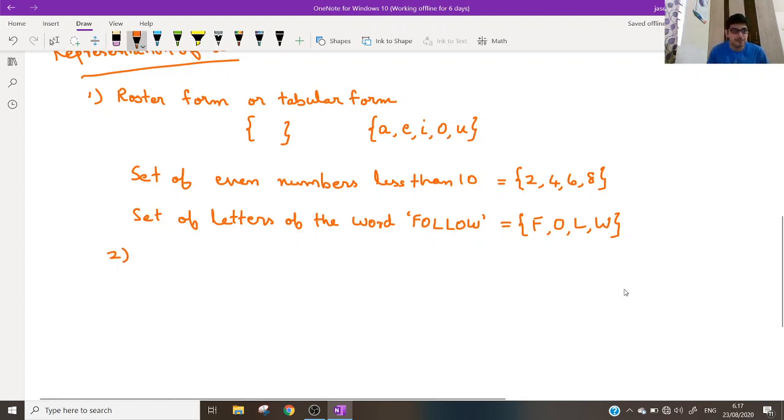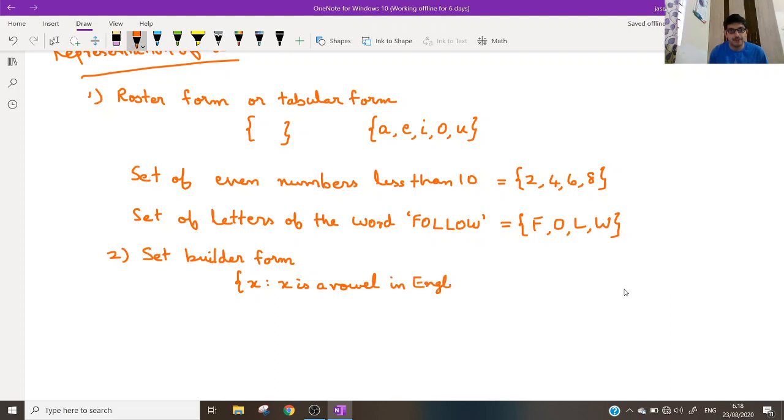Now the second way of representing a set is set builder form. Here we will not list all the elements like a, e, i, o, u. We will write an element, it can be x, y, whatever, then follow with a colon: x, and it is read as x such that x is a vowel in the English alphabet.